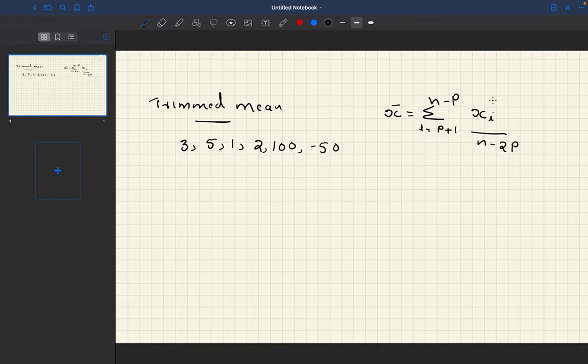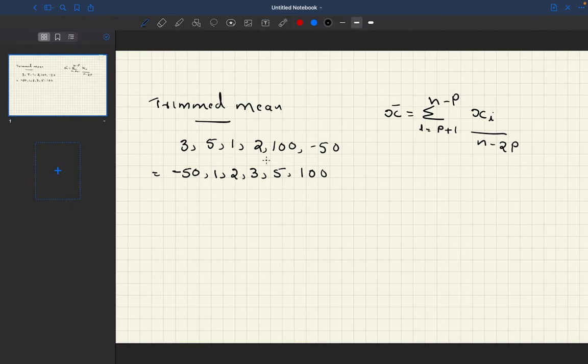This is the trimmed mean formula. The first condition is we have to sort the data. So minus 50 will come first, then 1, then 2, then 3, then 5, then 100.